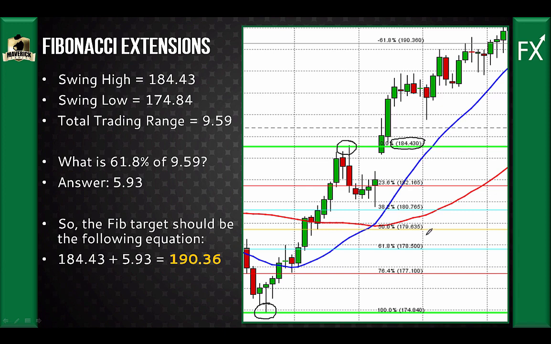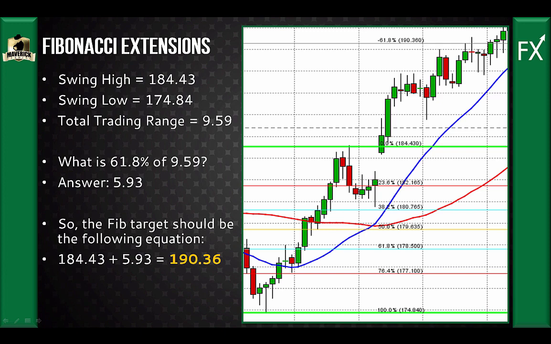So this is a Japanese yen pair. 184.43 is the swing high. It gives you the swing low price, 174.84. There's that number. So what's the size of your trading range? Well, it's the difference between those two numbers, and that is shown right here. Okay? So now we have the math of the trading range, 959.